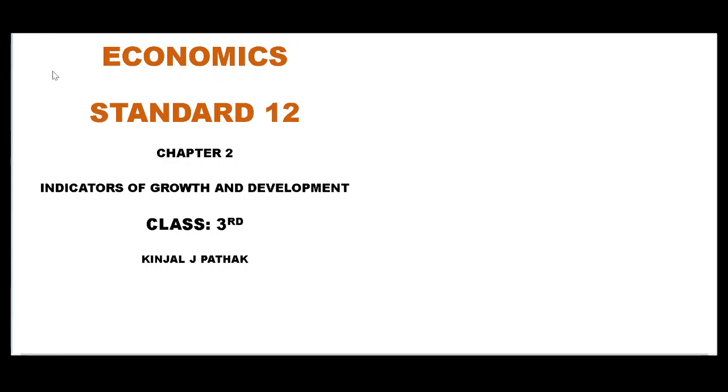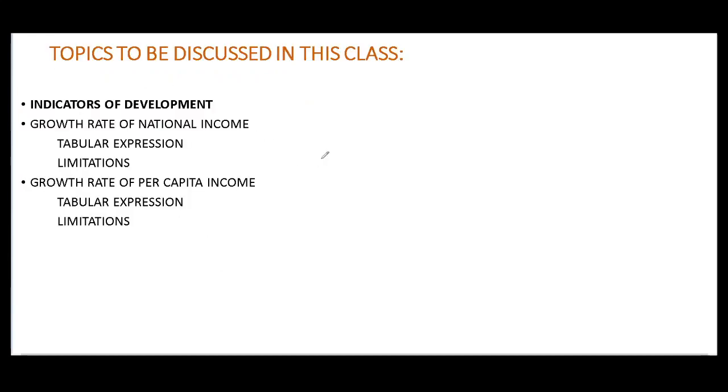In the previous class we saw development and growth, and their difference also. Now, how can we check whether there is development or not, whether there is growth or not? For that, in this class we are going to discuss indicators of development.